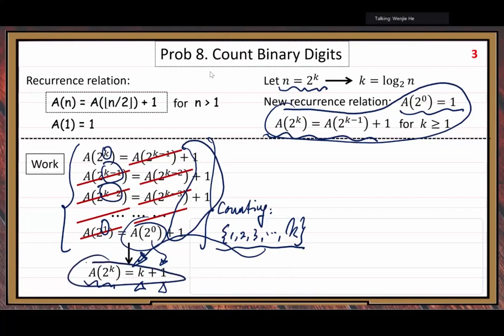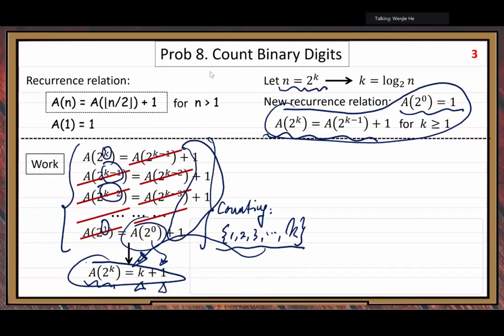We need another step to get our final answer, which should be in terms of n, not k. Can we do that conversion from k to n easily?